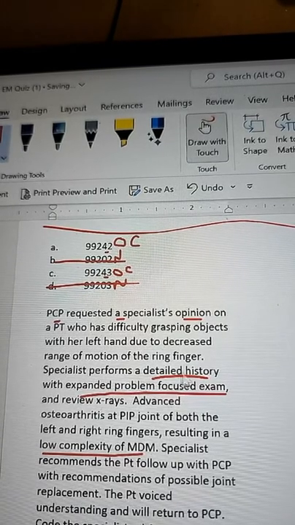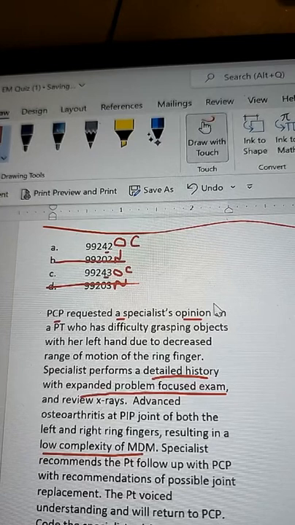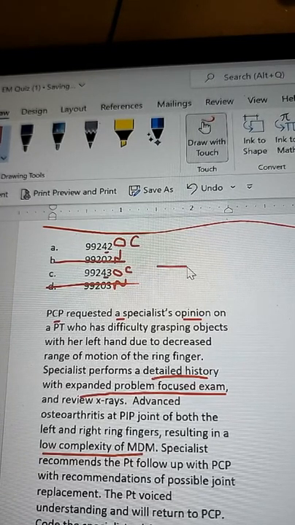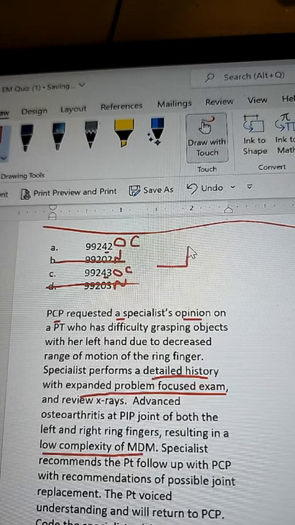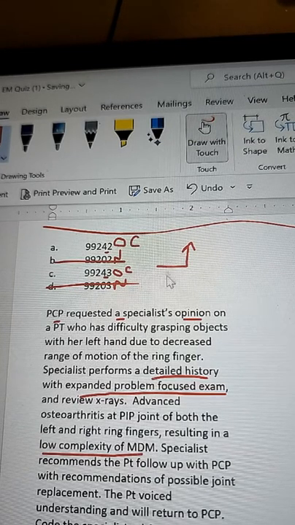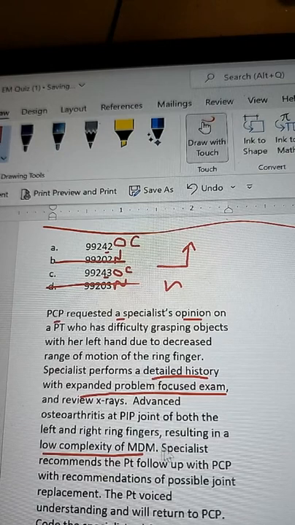Look at all three. Our guideline number one with E&M always is we have to meet or exceed a level to be able to bill it. We can bill it if we did a super high MDM but only an expanded problem focused exam, then that's great.